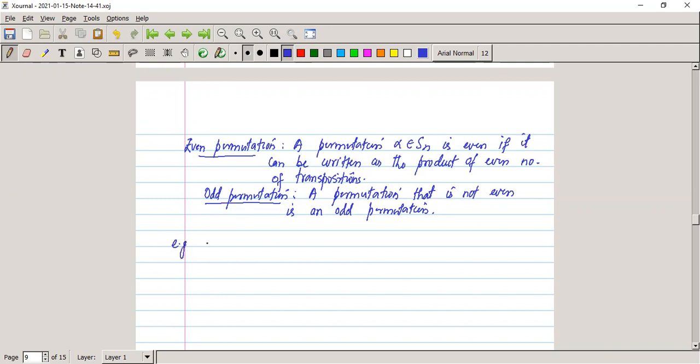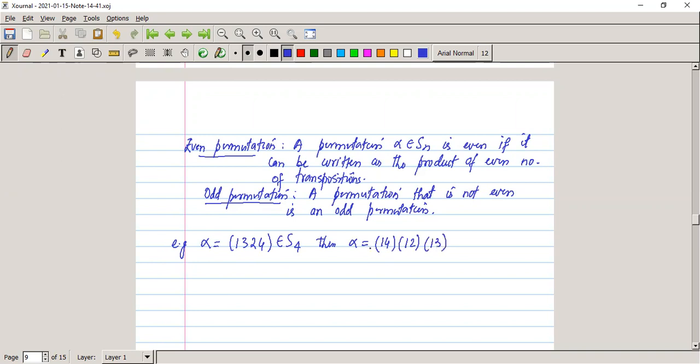Let's take an example here. For example, let alpha be equal to (1 3 2 4). Now this is a permutation in S4. Actually this is a 4-cycle in S4. In the previous lecture we had already seen that this alpha can be written as a product of transpositions like this: (1 4)(1 2)(1 3).